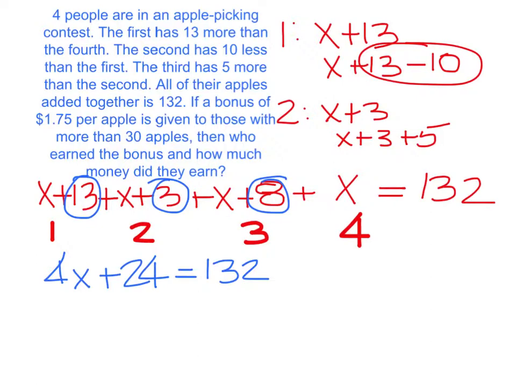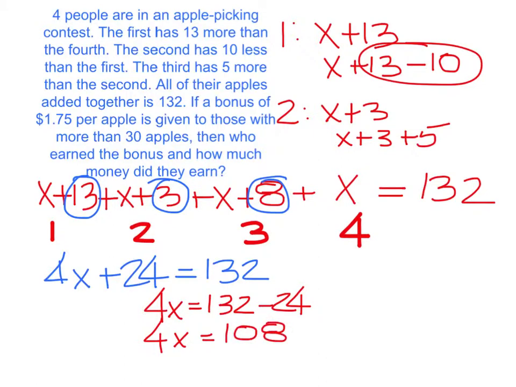You subtract 24 from 132. What is 132 minus 24? 108 is right. What do I do to that 108? Divide by 4. And what is 108 divided by 4? 27. Okay, so we have 27.